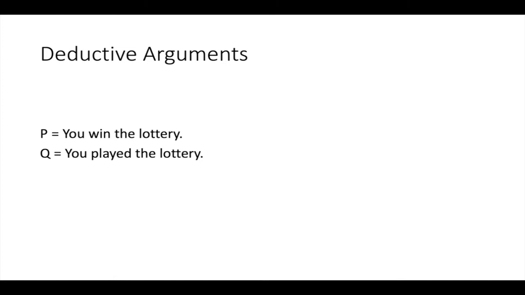Okay, so let's look at these two sentences, you win the lottery and you played the lottery, in each of those argument structures as we plug them in. So here was C: if P then Q, Q, therefore P. And I said C was invalid.